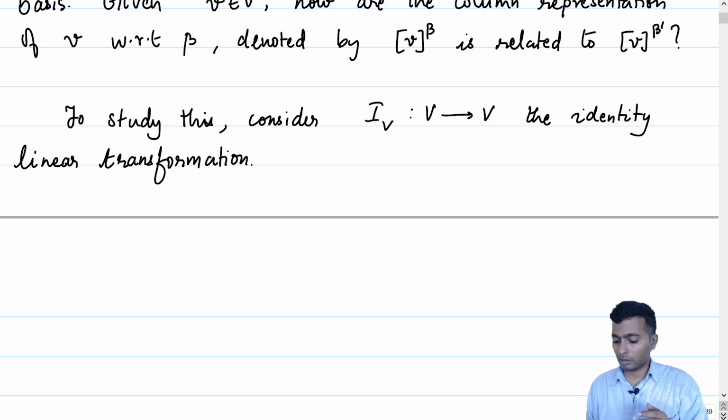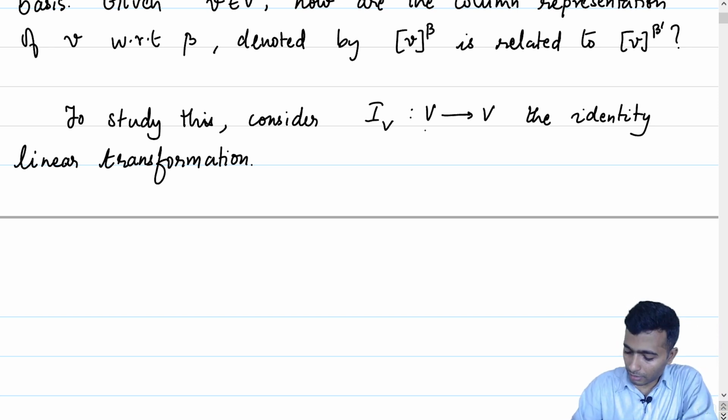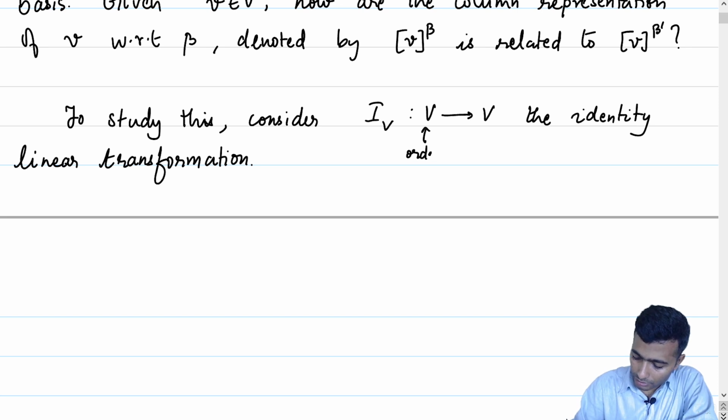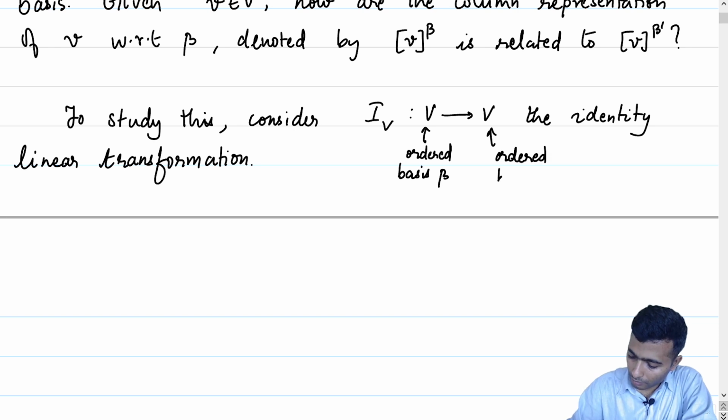We will consider the domain V with the ordered basis beta, and the codomain is considered with the ordered basis beta prime.